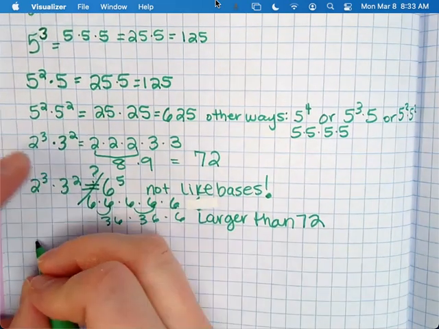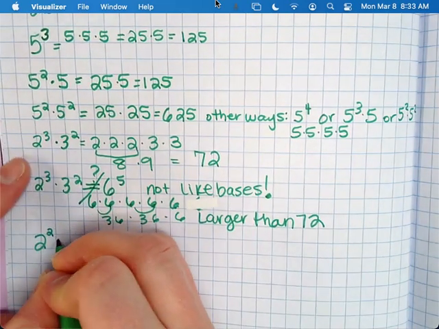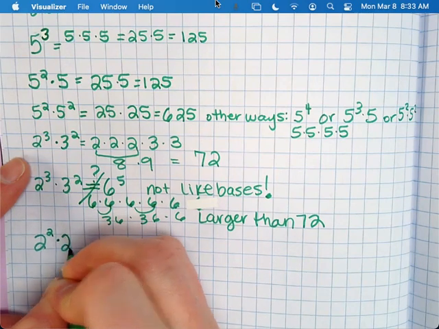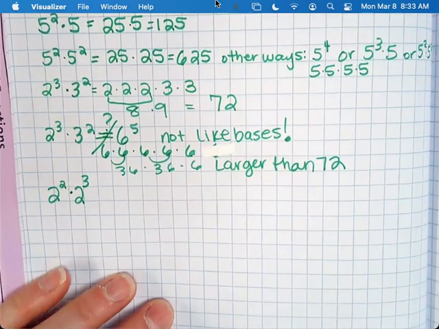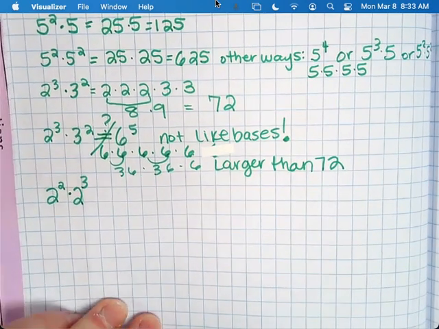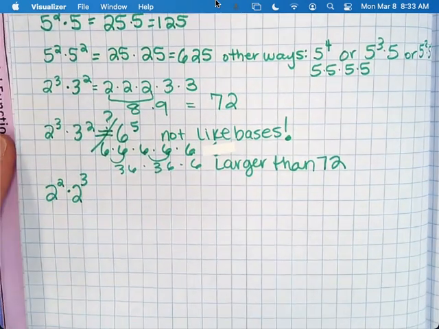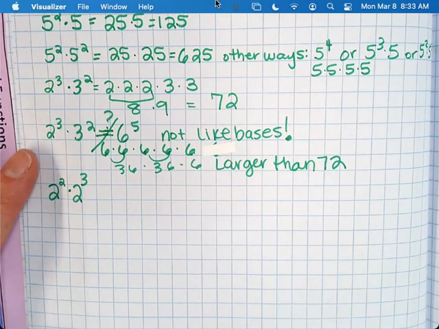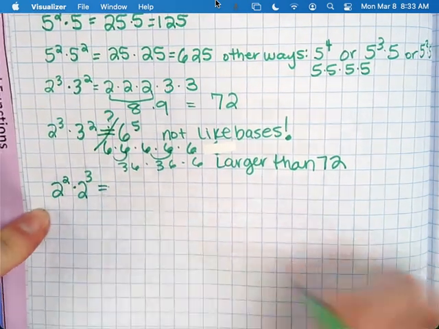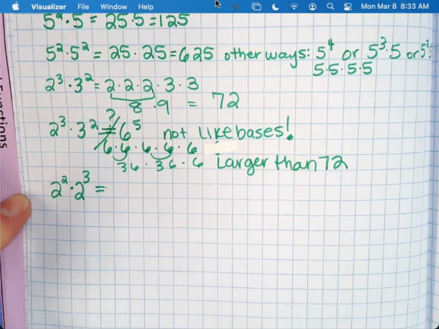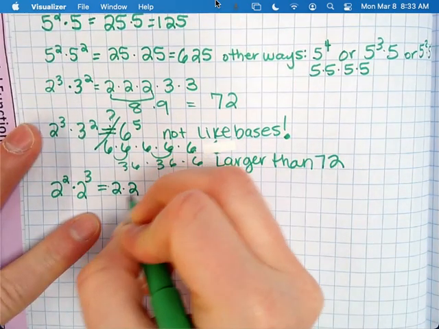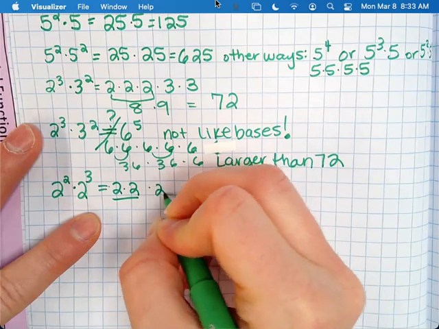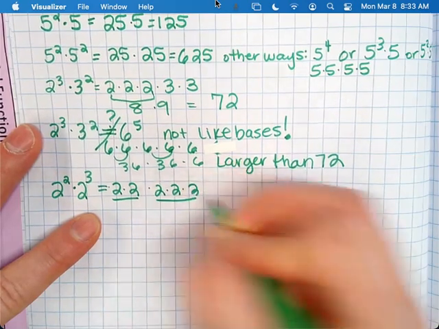Okay, let's do 2 squared times 2 cubed. How would we work that out without using our calculator? 2 times 2 times 2 times 2 times 2.